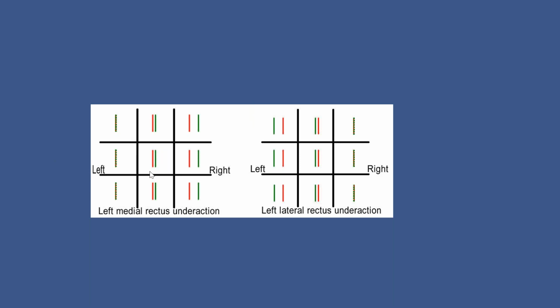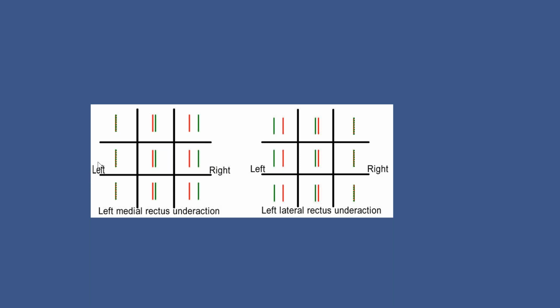In primary gaze, there's not much deviation. Maximum deviation is happening when the patient is looking towards the right. I told you that the farther image is the one that belongs to the paretic eye. The farther image is green, and green belongs to left, so the eye involved here is the left eye.